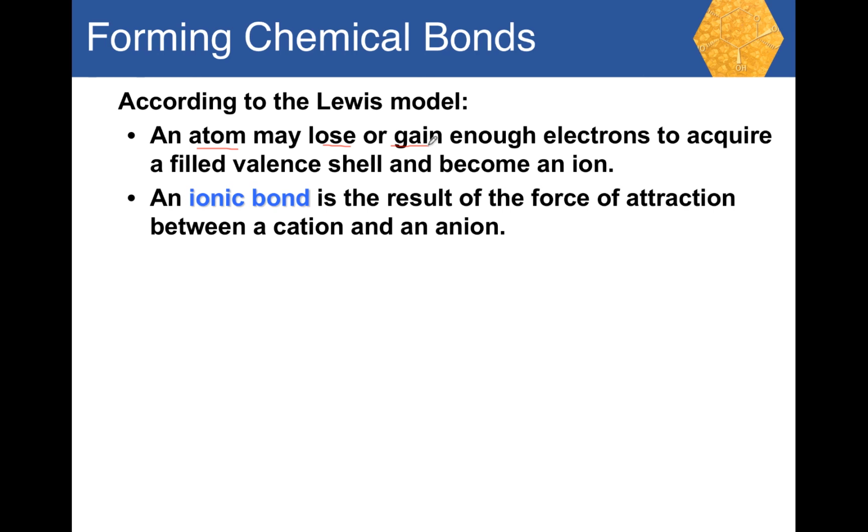So in other words, we are creating ions, the cation and the anion. As you can imagine, the cation is a positive charge and the anion is a negative charge. So a molecule is made up of an ionic bond that results from the attraction between the cation, which is positive, and the anion, which is negative. And that by definition is our ionic bond.